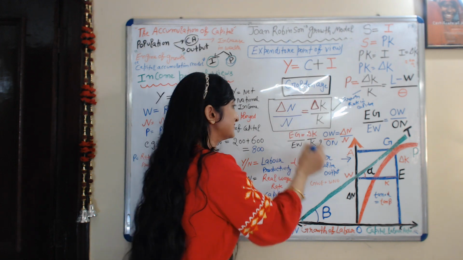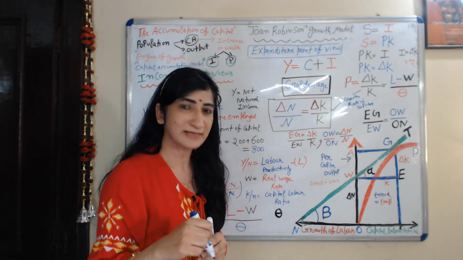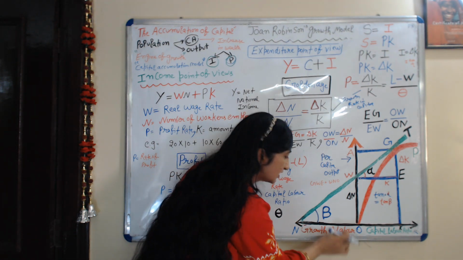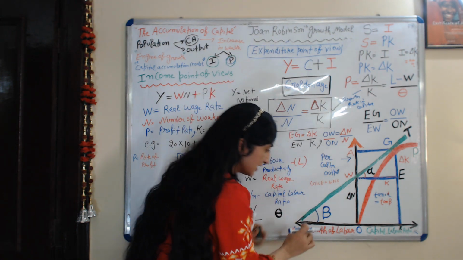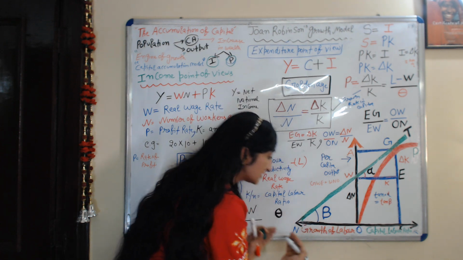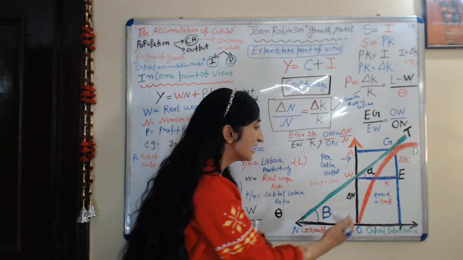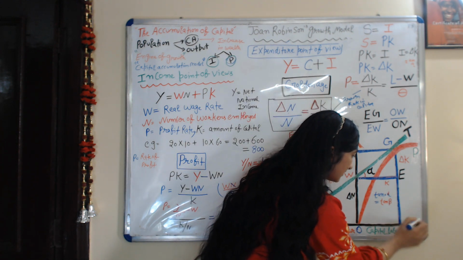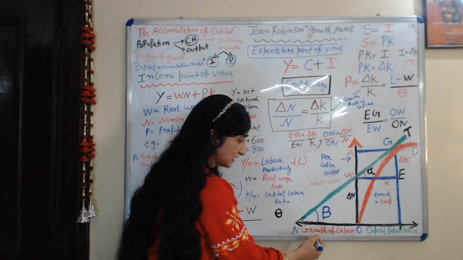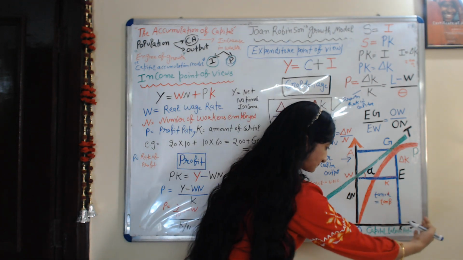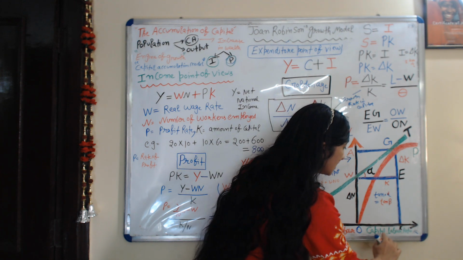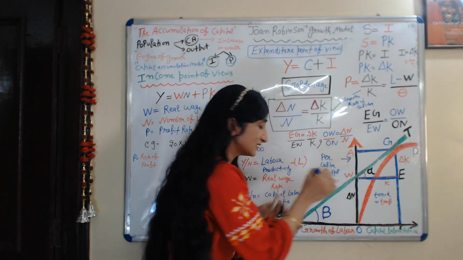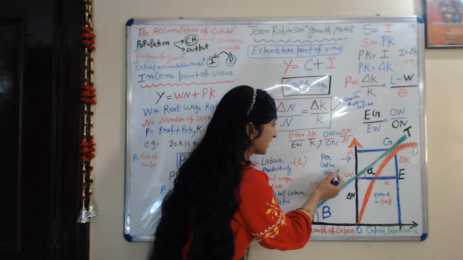Now we understand this concept with the help of this diagram. On the x-axis, the left side we take the growth rate of labor, and the right side we take the capital-labor ratio. On the y-axis, in the vertical portion, we take per capita output.